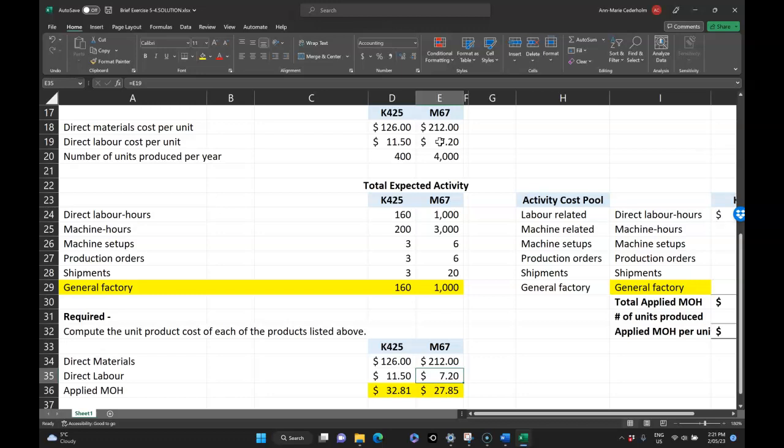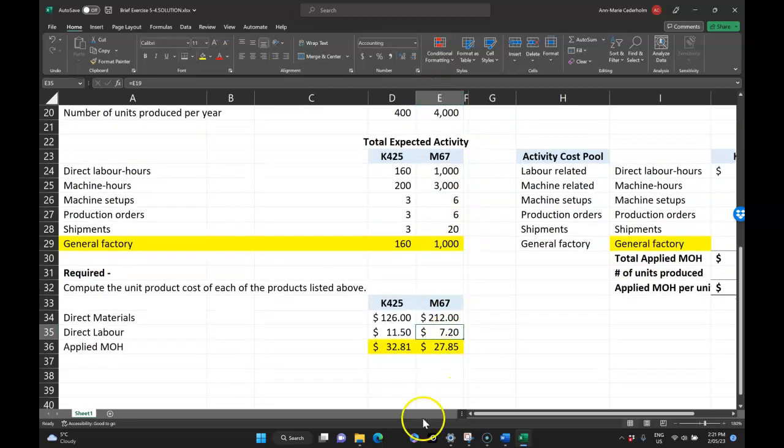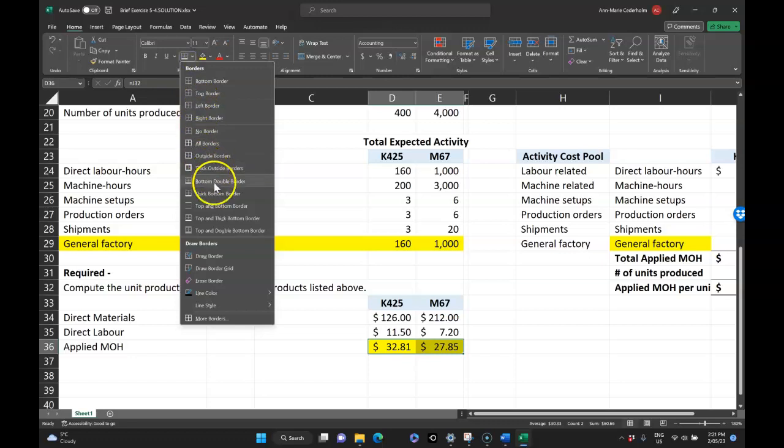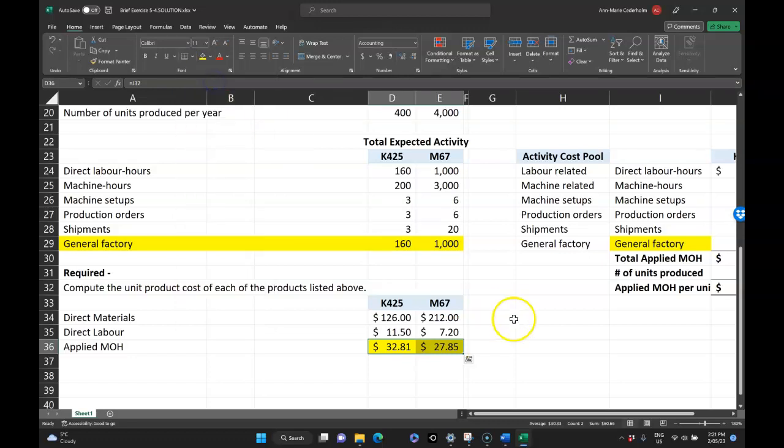So we can't use those actuals. We don't know them until the end of the year. So that's why we just guess. And we're using activity-based costing to guess instead of job costing to guess. So we have to use something while we're working on our products. Something is better than nothing.